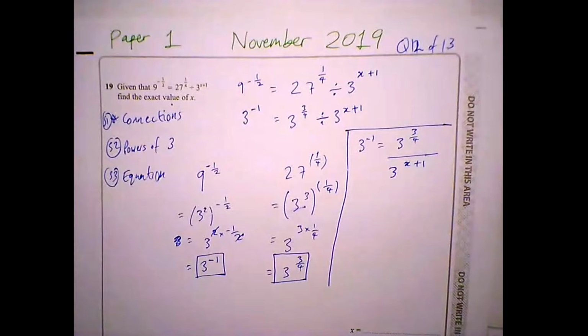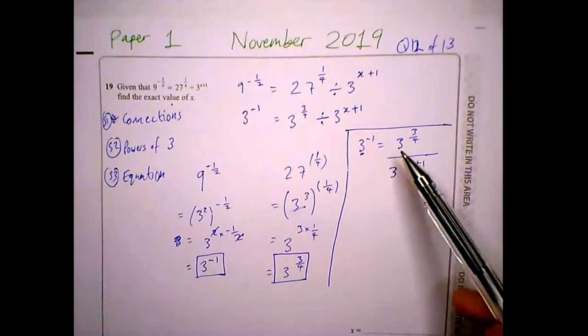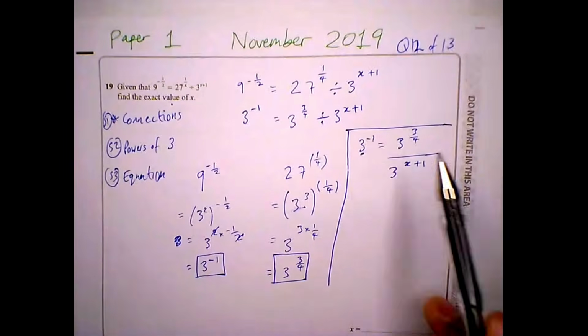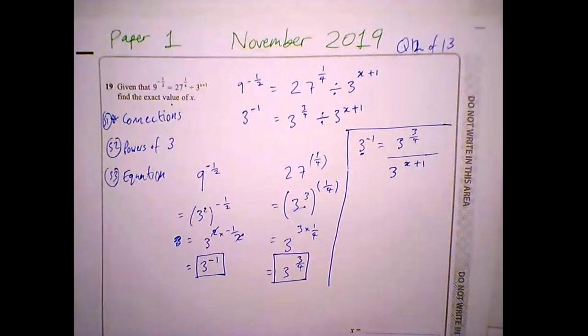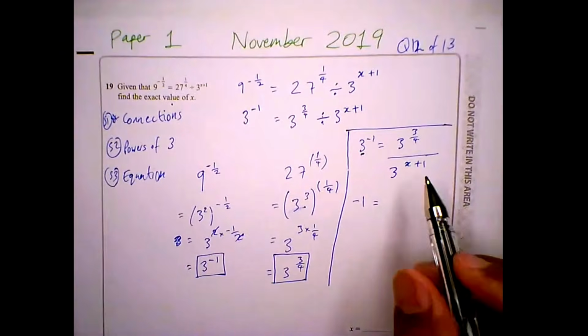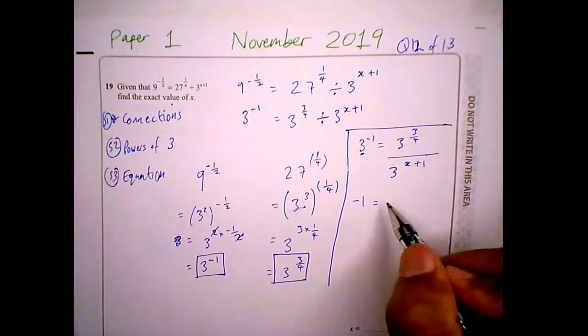Okay, so now I can see the 3's are connected, so that's fine. So now I can ignore the 3's, and I can do my step 3, which is create an equation. And so my equation becomes minus 1 equals 3 over 4.